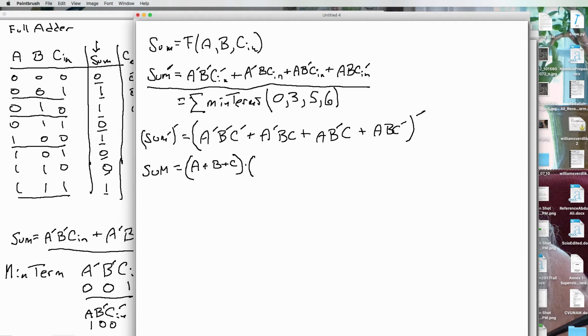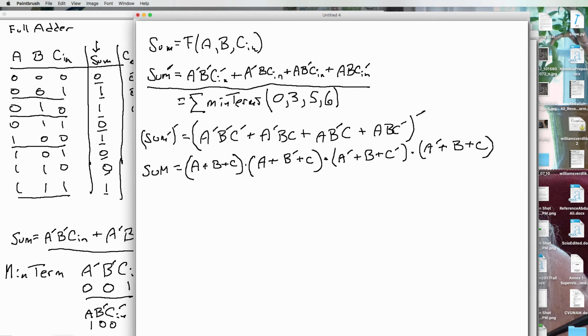Well, not A becomes A, or this is going to become B prime or C. And now over here this is going to become A prime or B or C prime, or, and over here I'm going to get A prime or B or C.